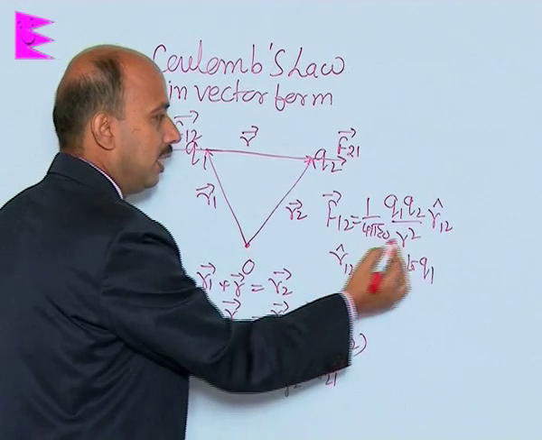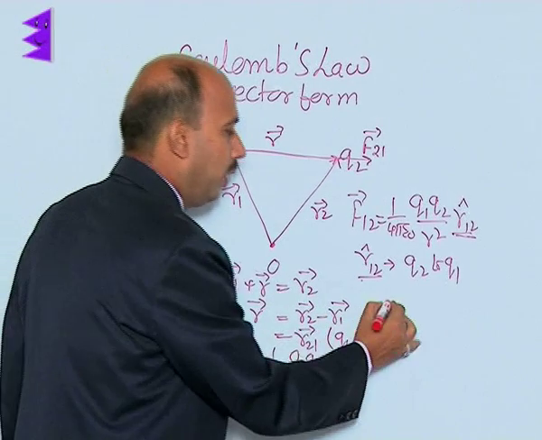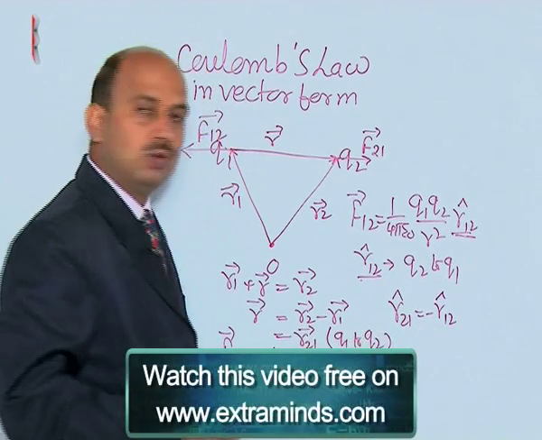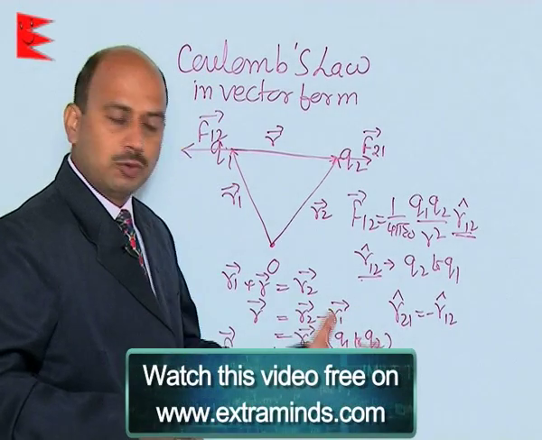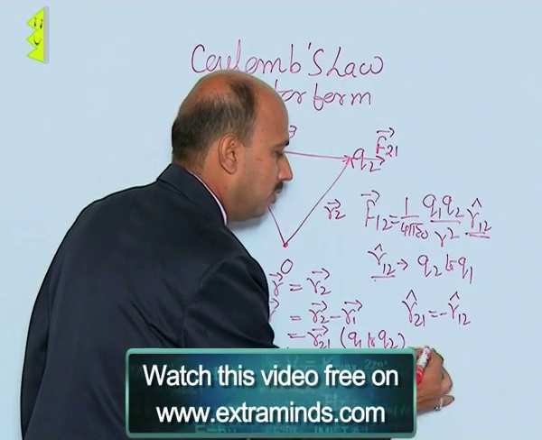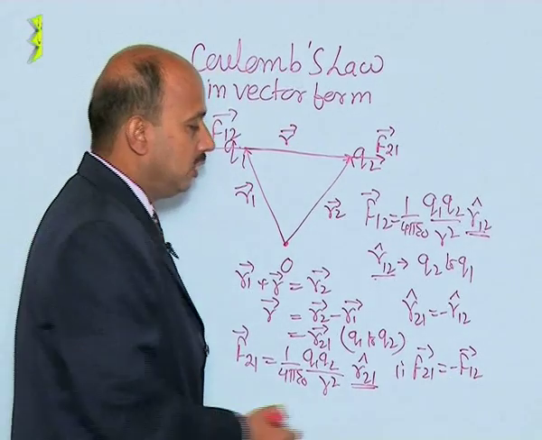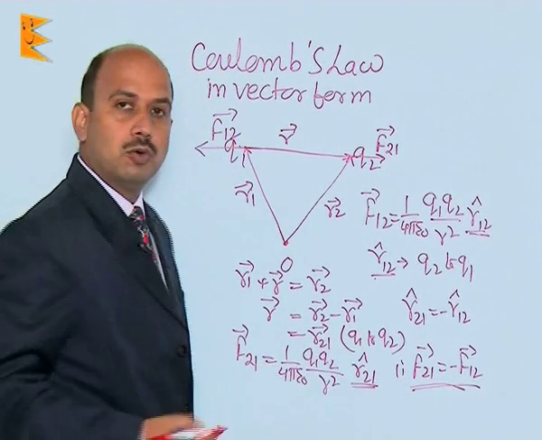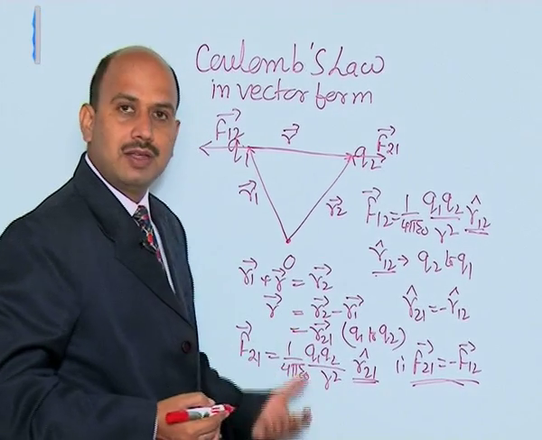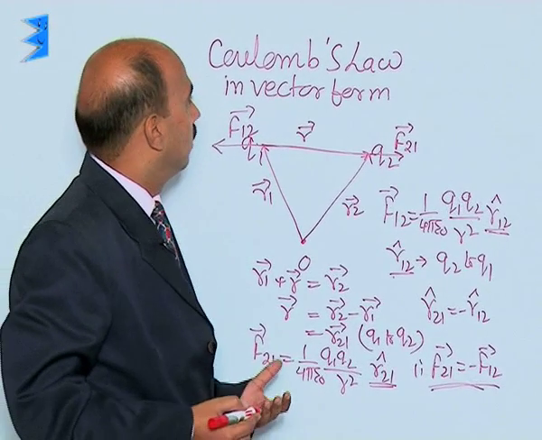Now there is r12 and there is r21, but we know r21 is equal to minus r12, magnitude is equal but directions are opposite to each other. Therefore, we can write F21 is equal to minus F12. So these two forces are equal and opposite to each other. It means Newton's third law is valid here. So this is the vector form of Coulomb's law.